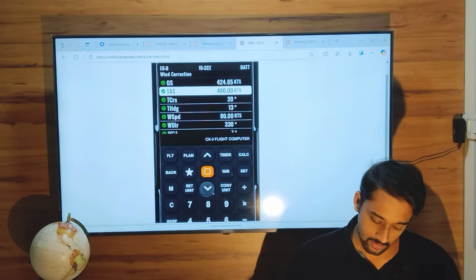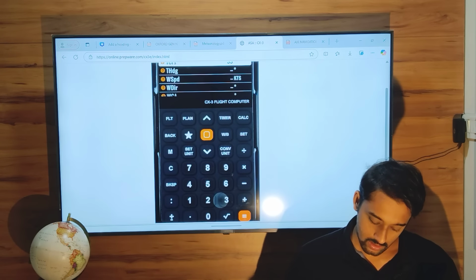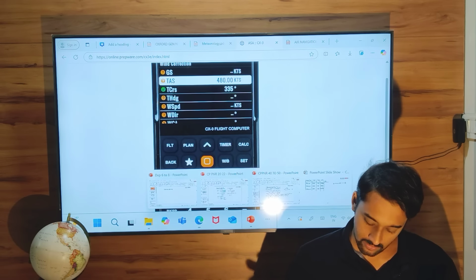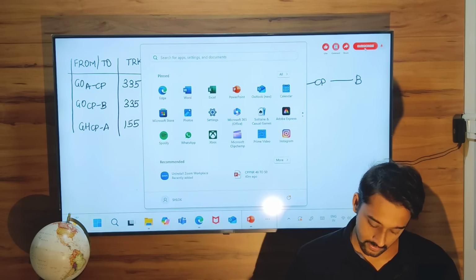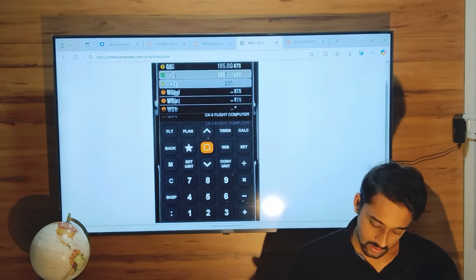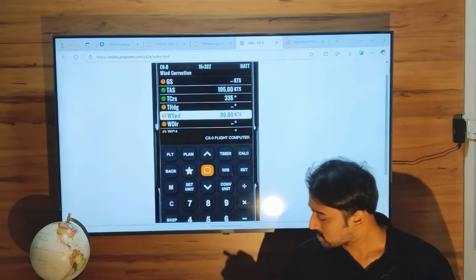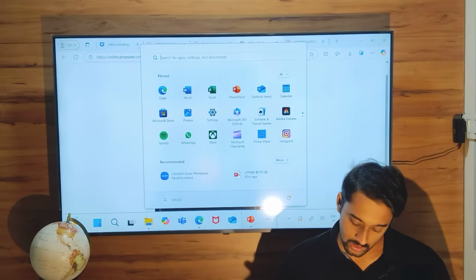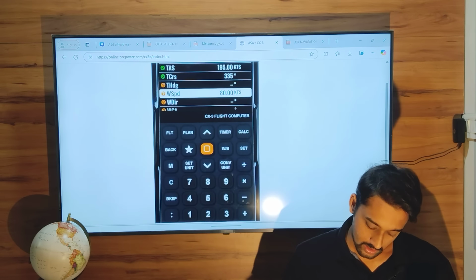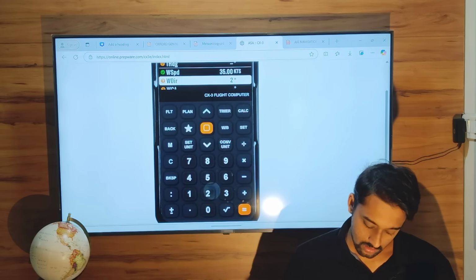Track is 335. Task is 195, as given to you. Wind speed and wind direction given to you is 260 at 35.